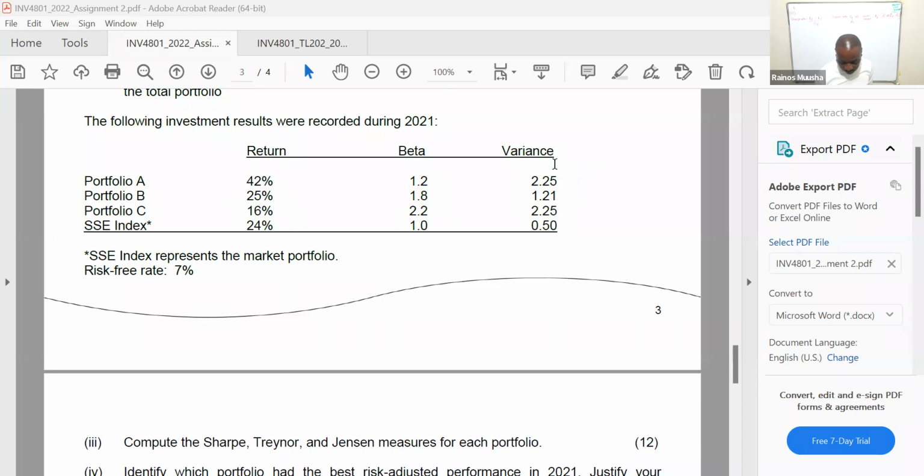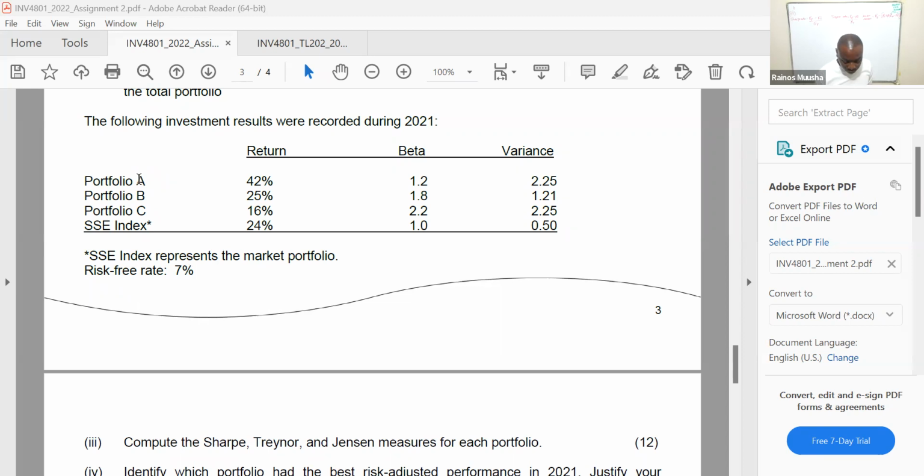Do you see that they're giving us the variance, not the standard deviation? But we know the square root of the variance gives you the standard deviation. And then they also say the SSE index represents the market portfolio, so the return on the market in this case is 24%. Then they also say the risk-free rate of return is 7%.